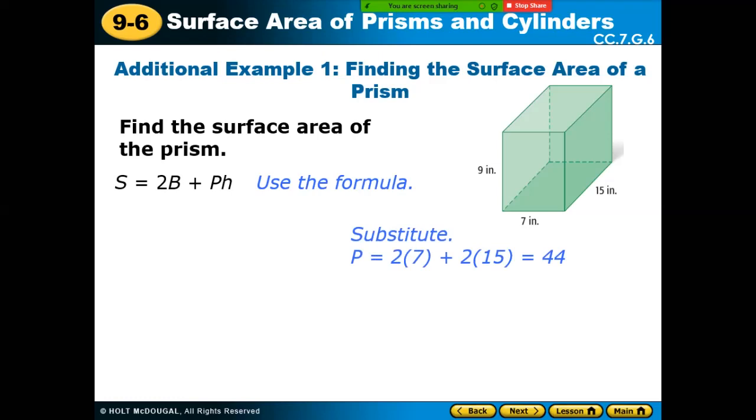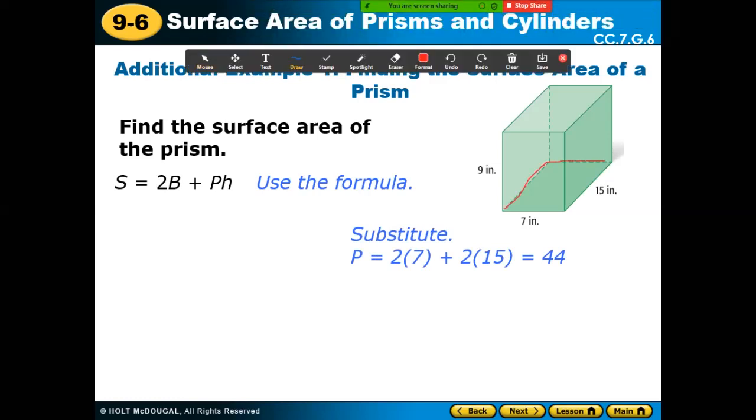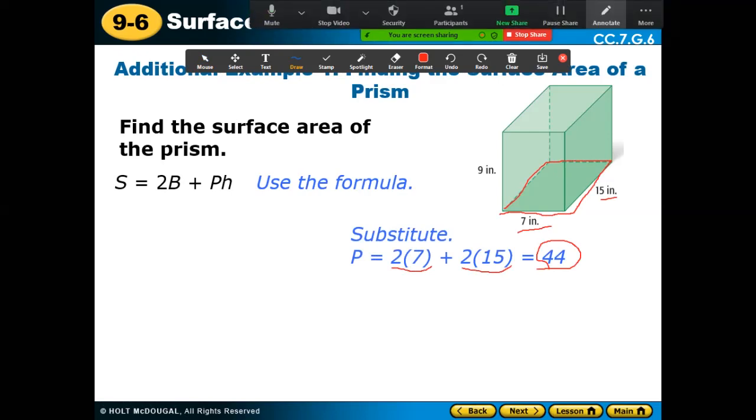We can see here the base takes the shape of a parallelogram, right? Here, this one, and the shown dimensions are 7 and 15. To find the perimeter, I will double each of those dimensions, then add them, so the perimeter of the base will be 44 inches.